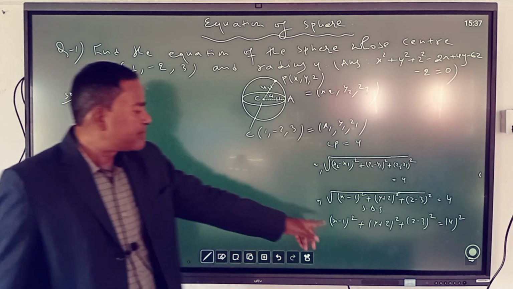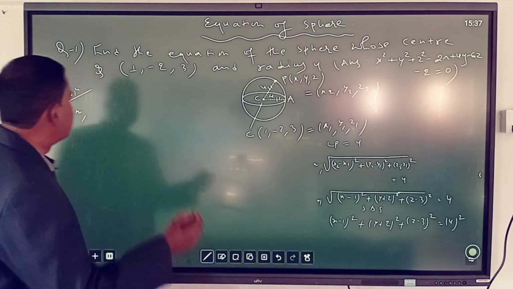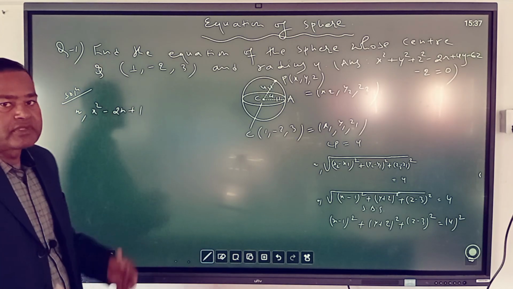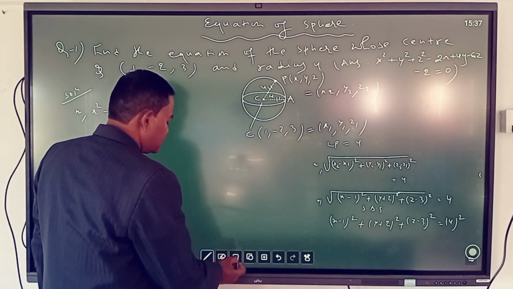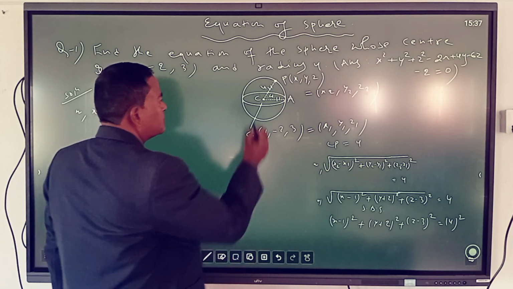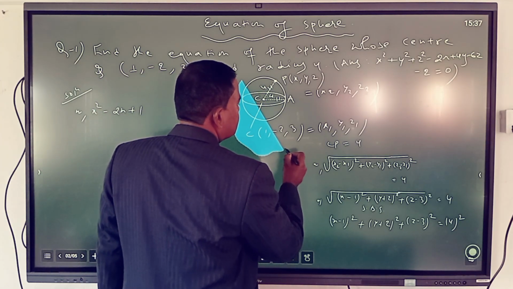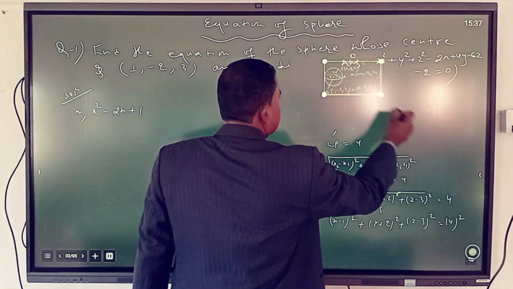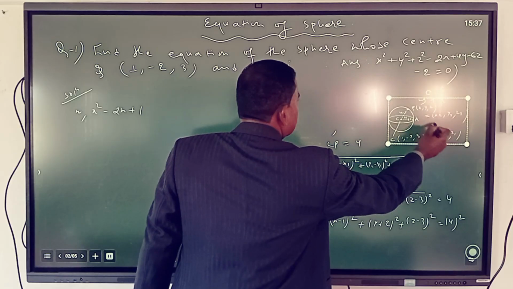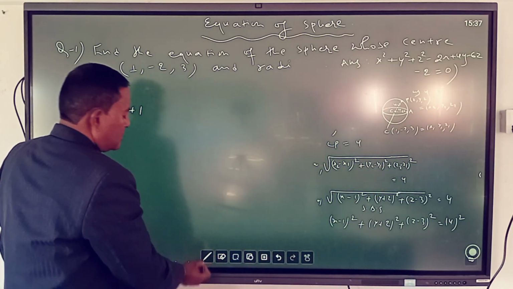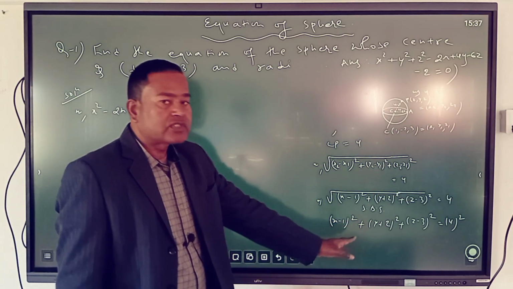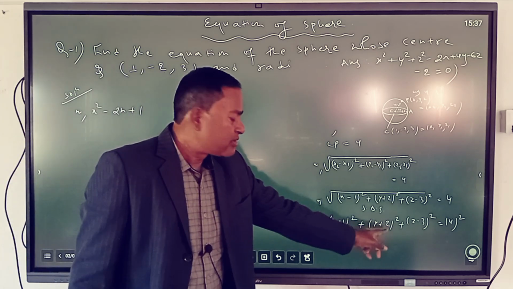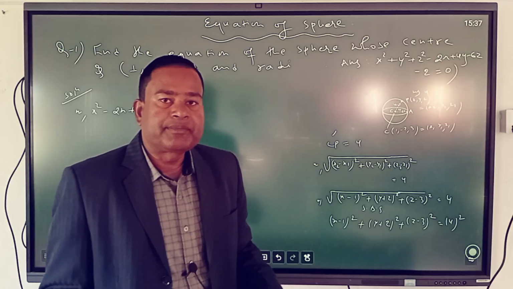So x minus 1 whole square means x square minus 2x plus 1, and y plus 2 whole square, which is in the form of a plus b whole square.